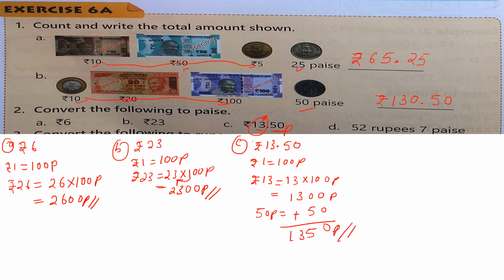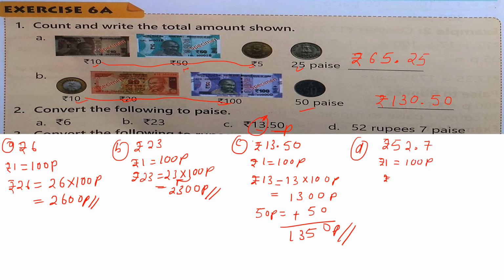So this is done. Now number D, rupees 52, 7 pies. We can also write it in this way, 52.7. Yes or no? We will convert this 52 into pies. 1 rupee is equal to 100 pies.